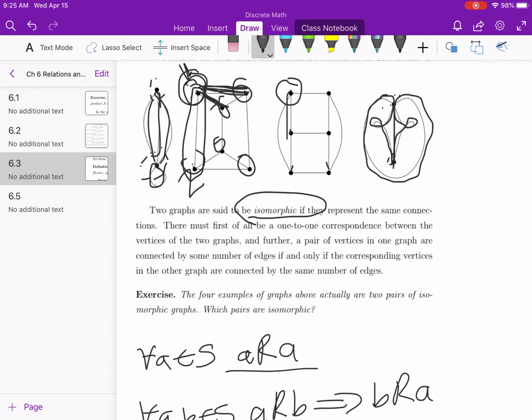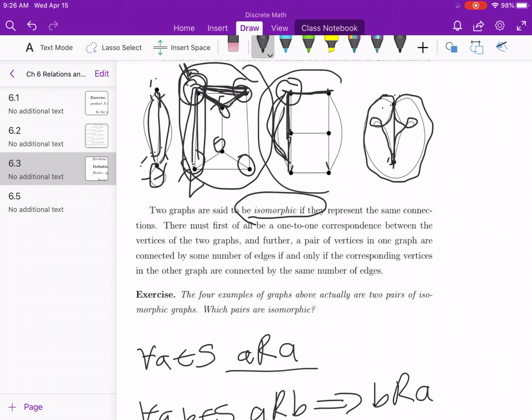This one goes here, and it also goes here. Then these 2 are connected together. This one goes here. You could imagine that there's this big arch here, and so on. So you notice that these graphs are really the same graph.